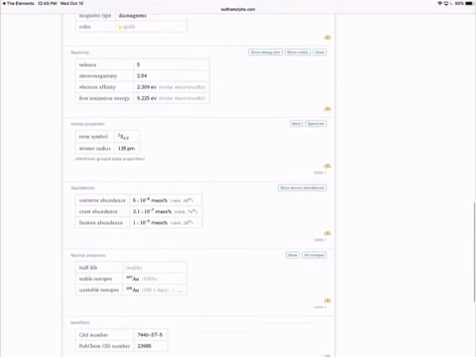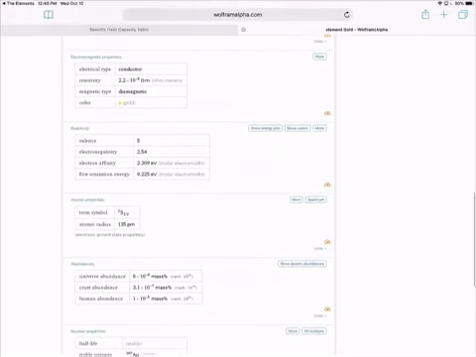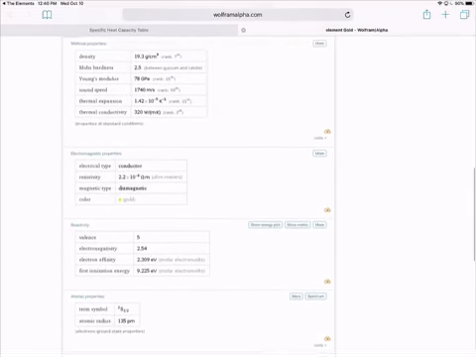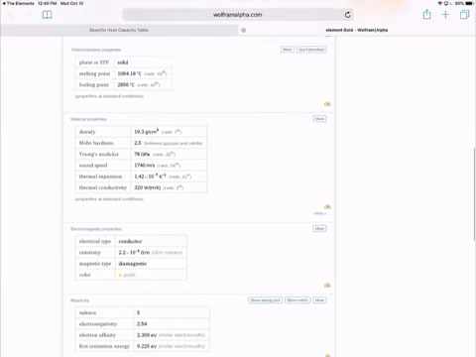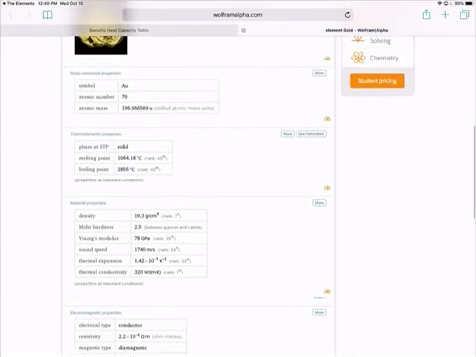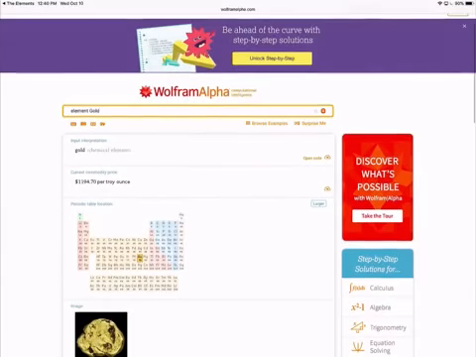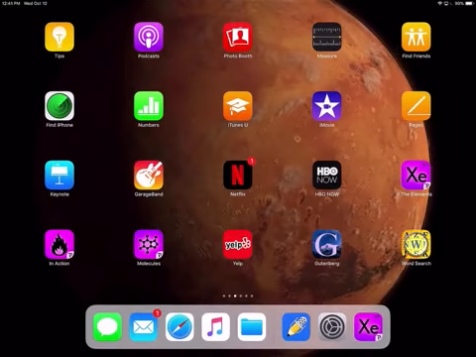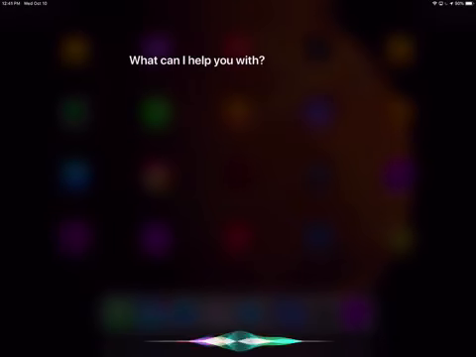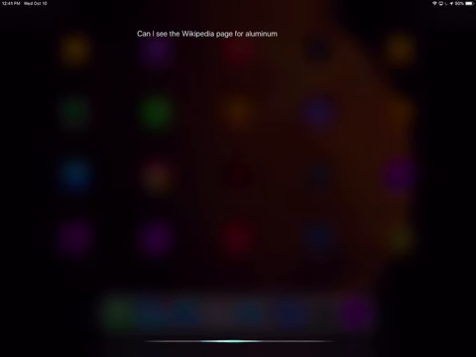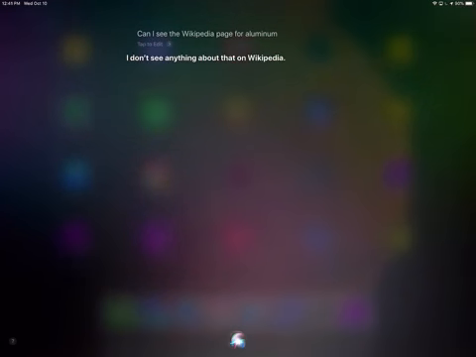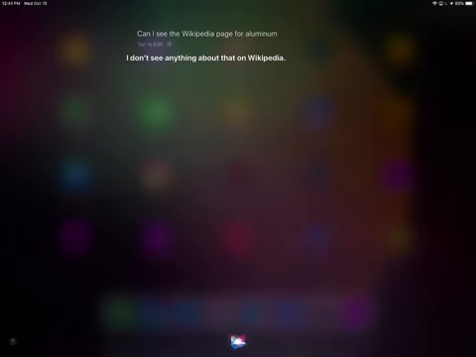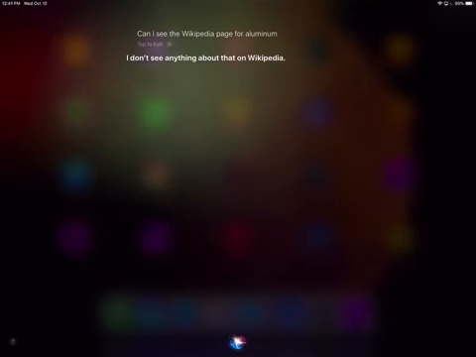Oh, it doesn't have the heat capacity in there, does it? There's a thermal conductivity, but no heat capacity. Oh, all right. Can I see the Wikipedia page for aluminum? I don't see anything about that on Wikipedia. Oh, well.